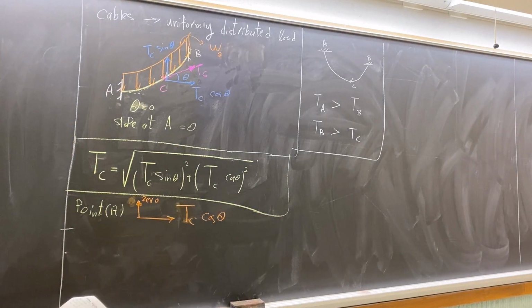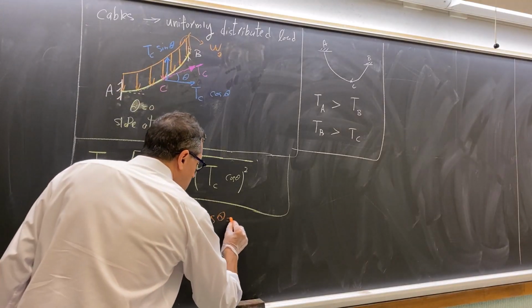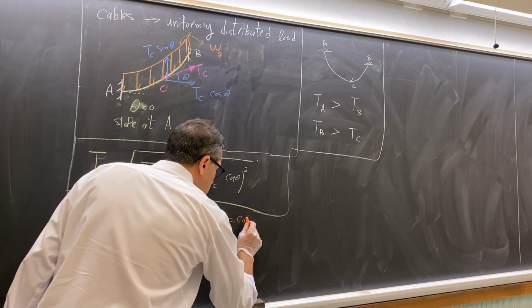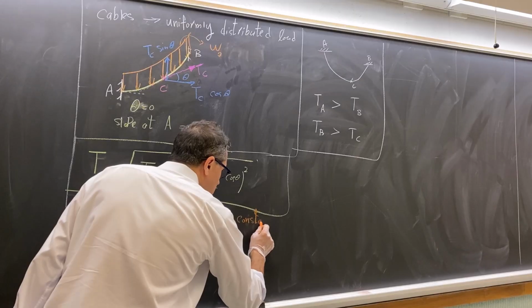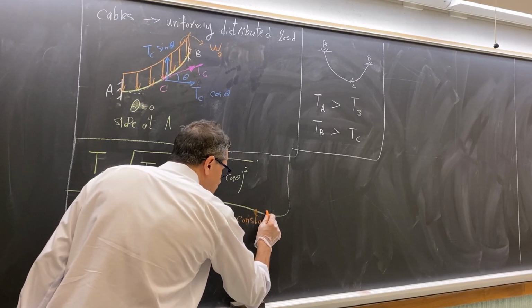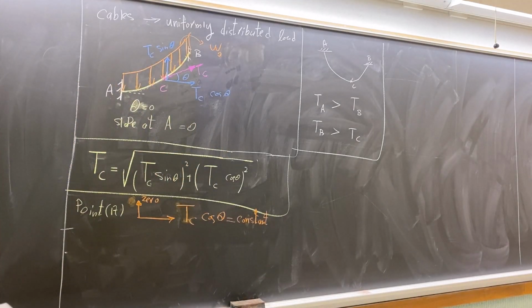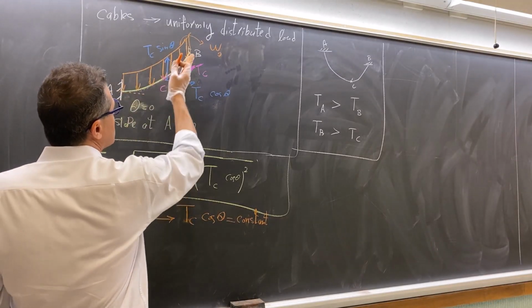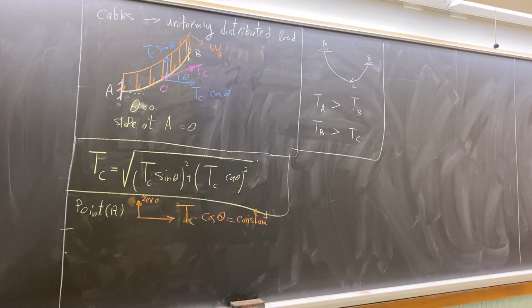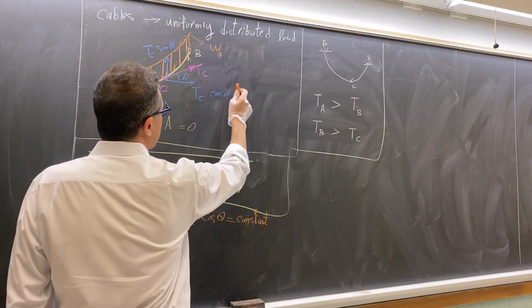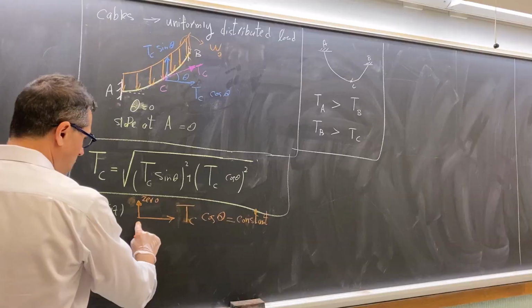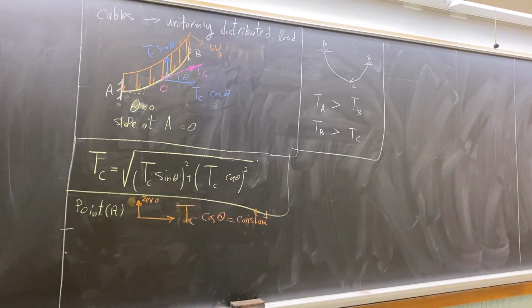This is what I'm trying to say. The horizontal component of the tensile force is constant along the cable. It has the same value. For example, if this is 5 kilonewton, this horizontal force here is just 5 kilonewton.